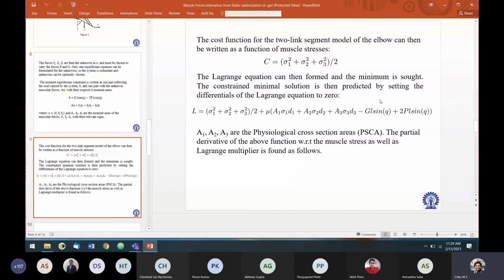The area of cross-section is different for different muscles, so we are not incorporating that variation of area in the muscles. Here we are taking A1, A2, A3 as constants. But what researchers have found is you can use either forces or stresses. It doesn't make much of a difference. Is it clear?